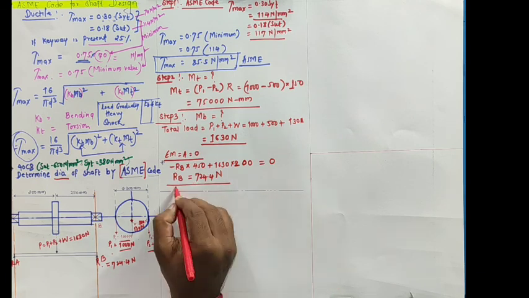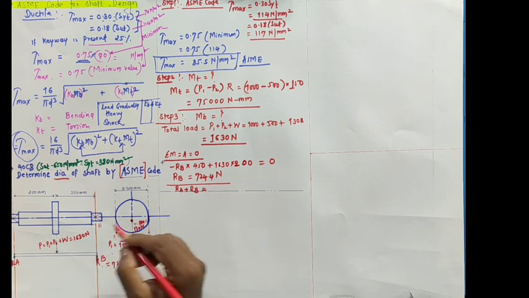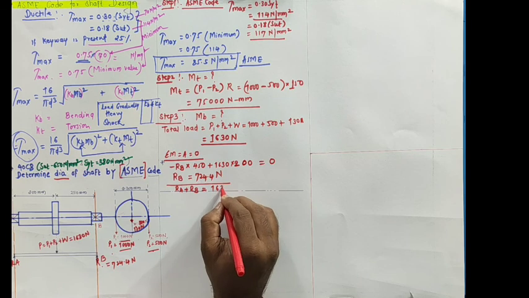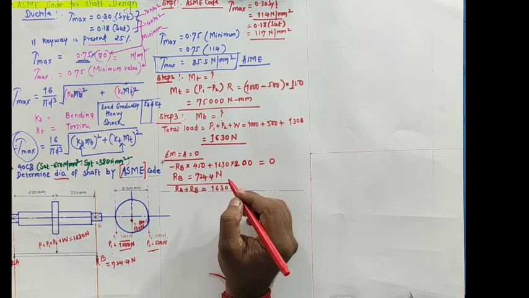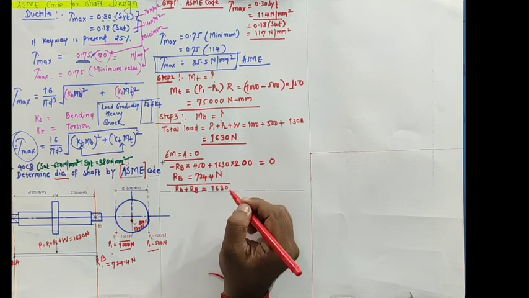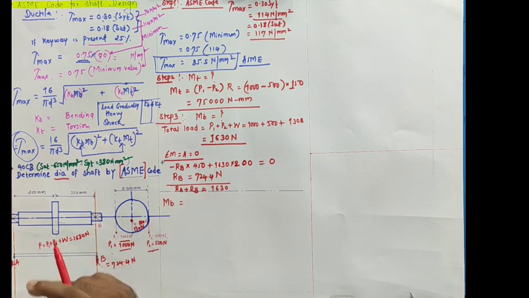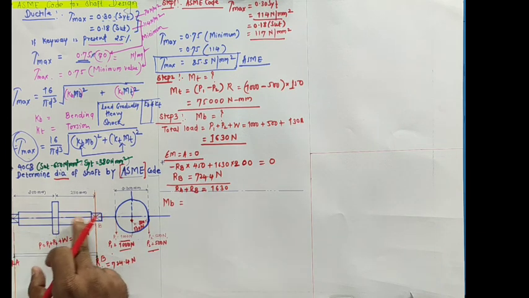Now how to calculate RA? Very simple. RA plus RB is equal to the total force, 1630. So we'll get RA. It's your homework, you can calculate RA. Okay? After calculating RA and RB, for the bending moment we need to take whichever is the longest distance.